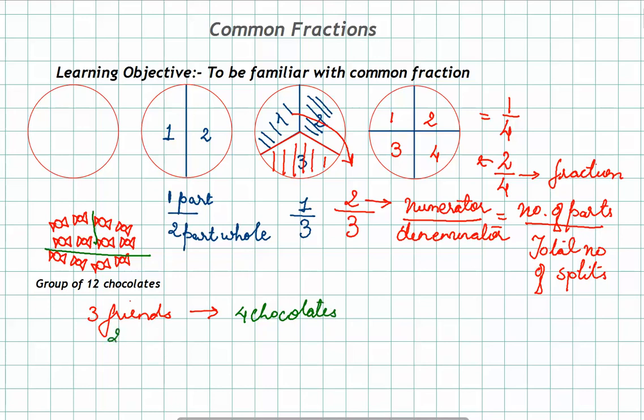If you have 2 friends, then each of them would get 6 chocolates. You can say 2 friends, 1, 2, 3, 4, 5, 6. Each of them would get 6 chocolates. If you have 4 friends, then each of them would get 3 chocolates.